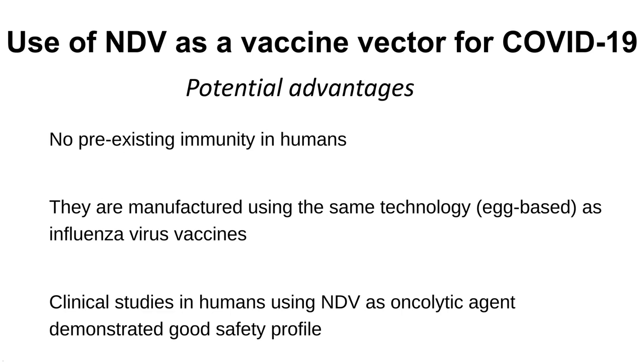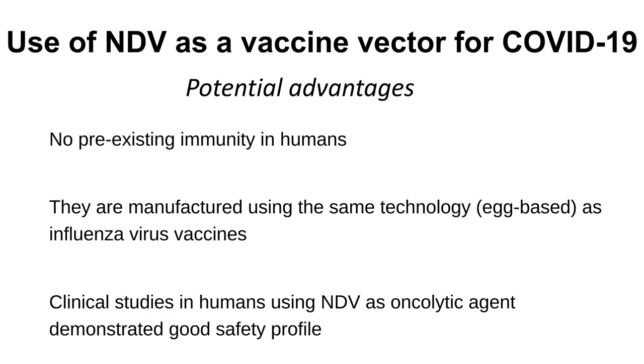Newcastle disease virus is an avian pathogen. It does not infect in general humans, so we don't have pre-existing immunity against the viral vector. The most important potential advantage that this technology has is that Newcastle disease virus vaccines, the ones that are used in chicken, as well as the ones that we have developed now expressing a spike protein, are manufactured using the same technology, which is egg-based, as the influenza virus vaccines.